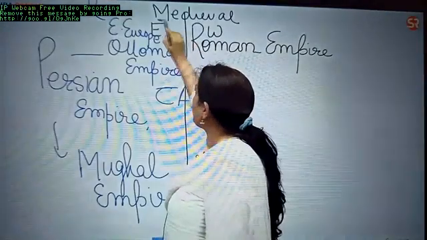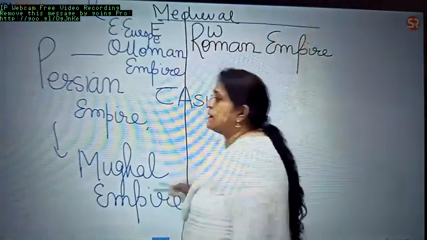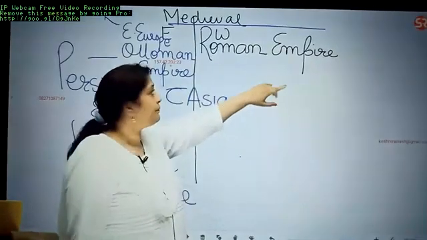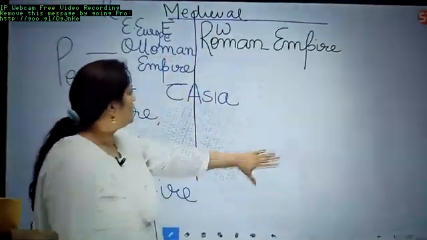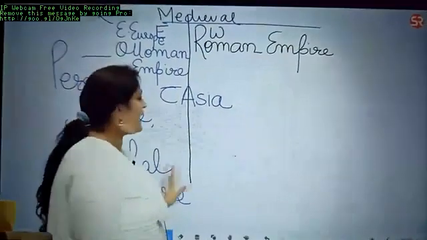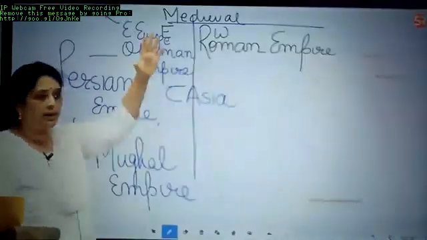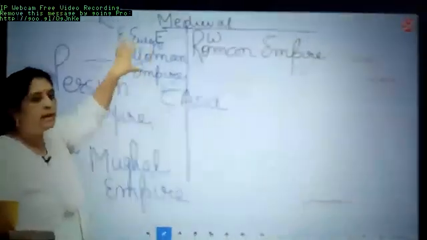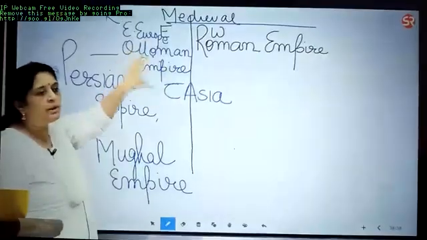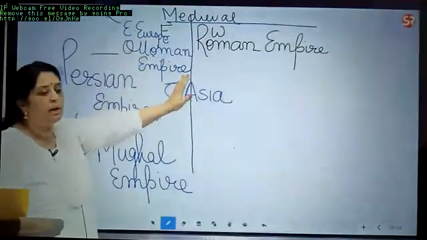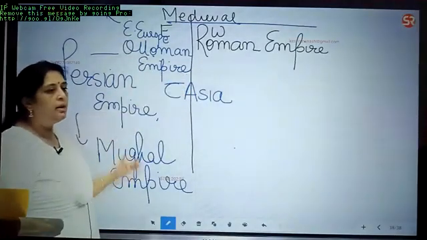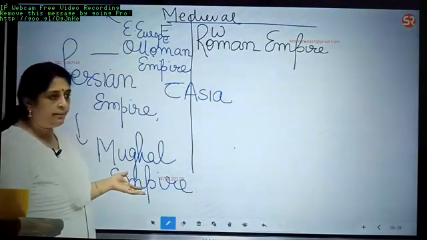In medieval times, everywhere there have been empires. Don't write, understand this first. The medieval world can be seen as the Roman Empire in the West, the Ottoman Empire in Eastern and Southern Europe and Central Asia. Then another very powerful empire was the Persian Empire, and then the Mughal Empire.